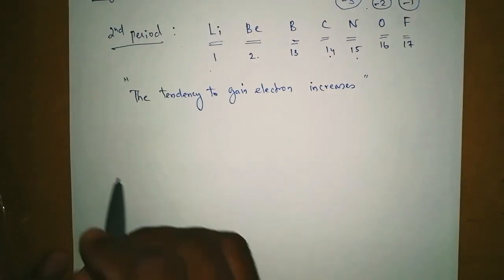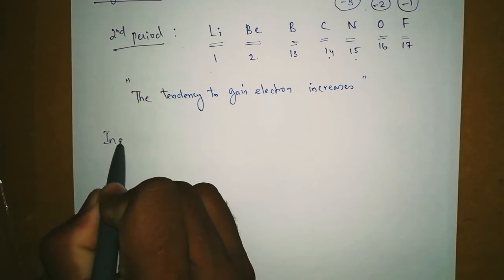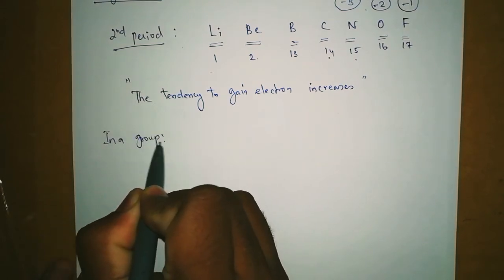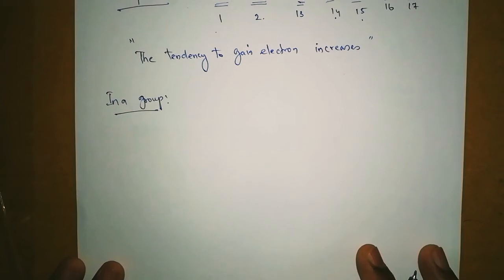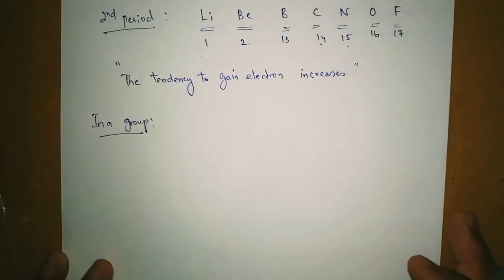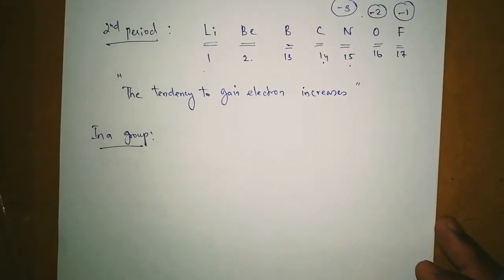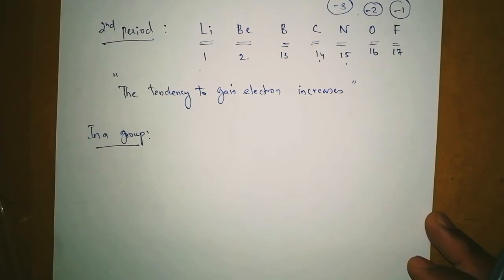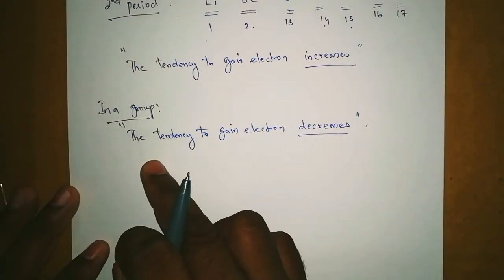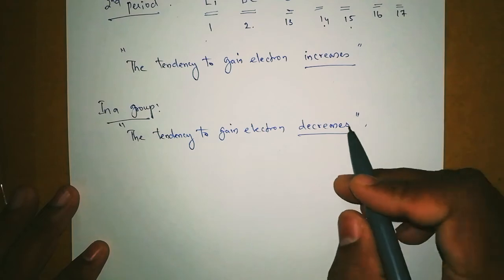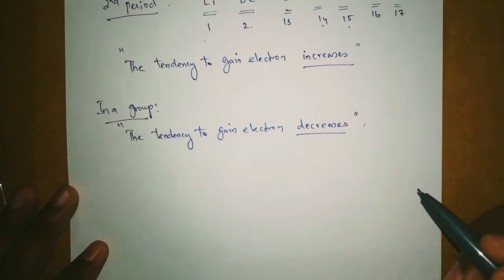Okay, let's see what happens in a group. How do they behave? In a group, what are the elements? Let's write some of the elements given in a group. In a group, the tendency to gain electron decreases. Why does it decrease?